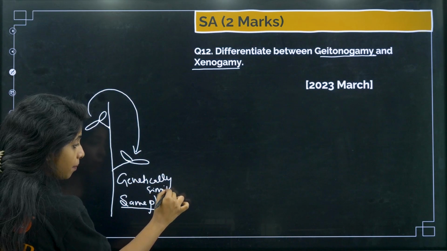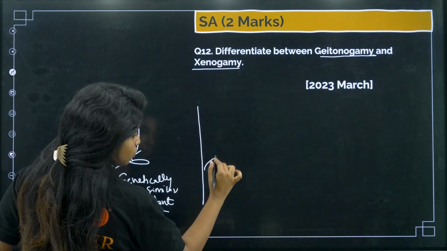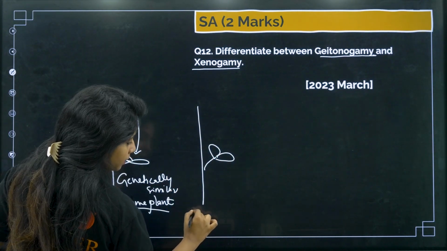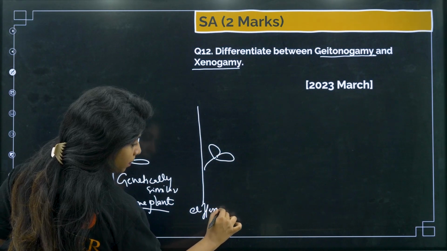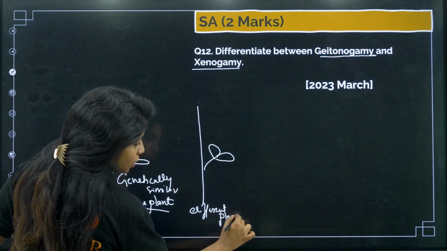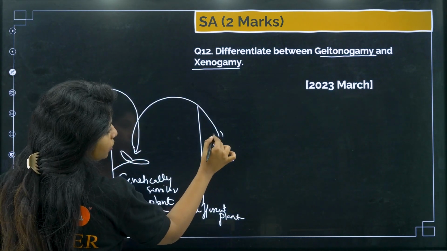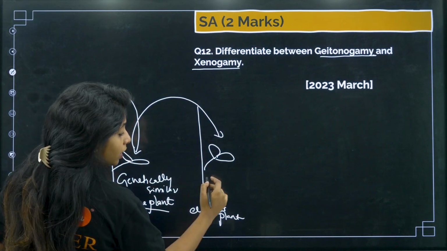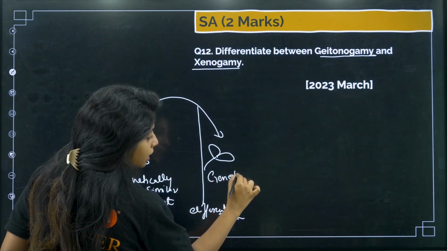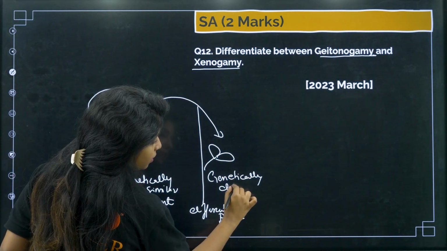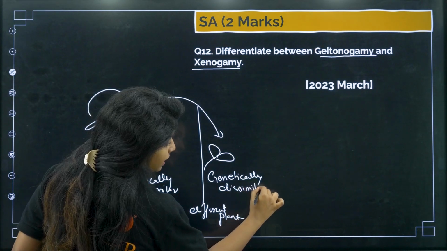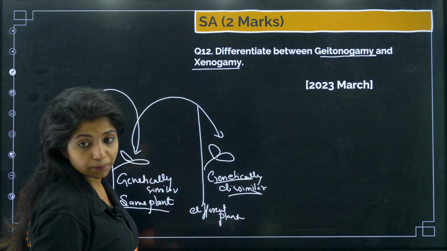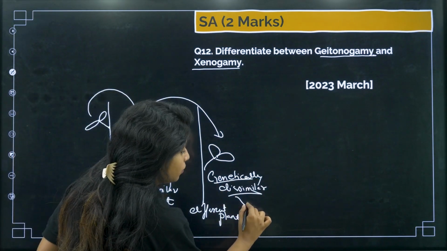But when you talk about xenogamy, here there is one flower, and this is a different plant with different genetics. So from here to here or from here to here, whatever happens, the product will be genetically dissimilar. I can say it will bring out variation.